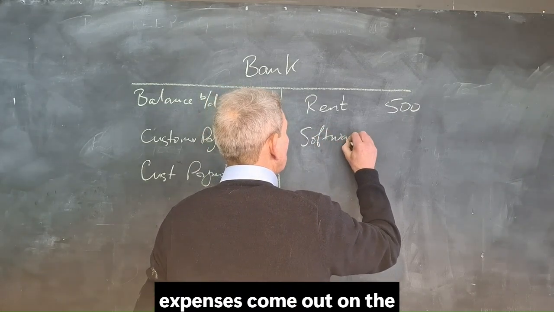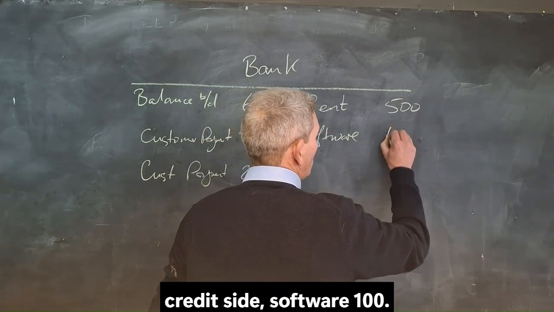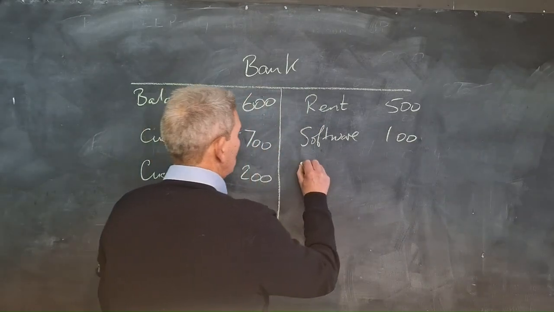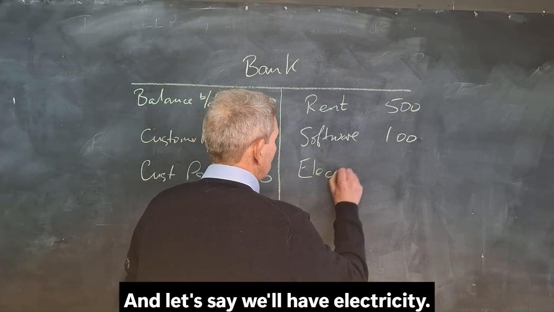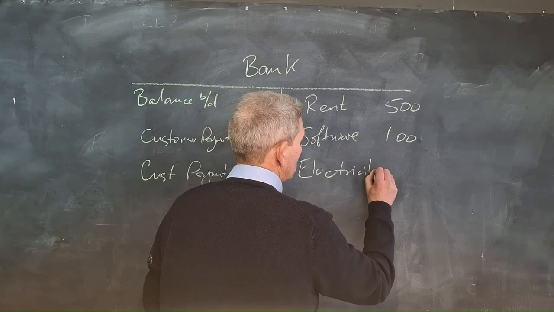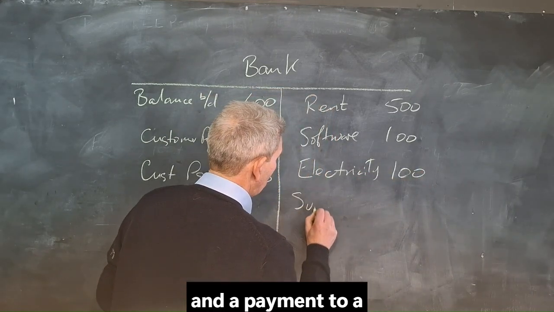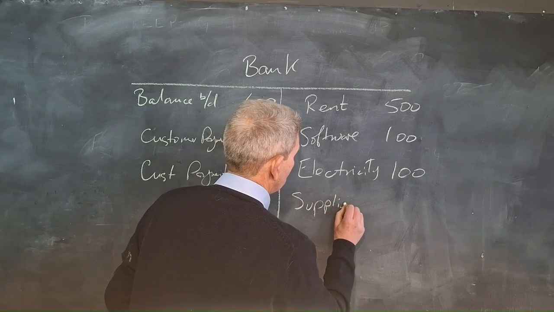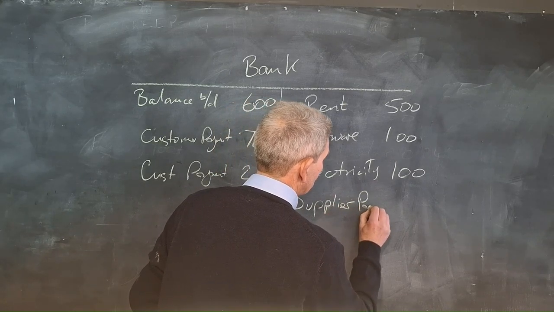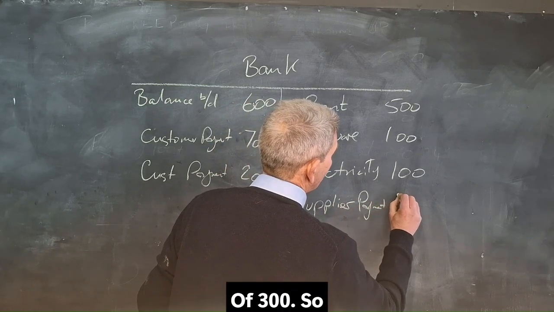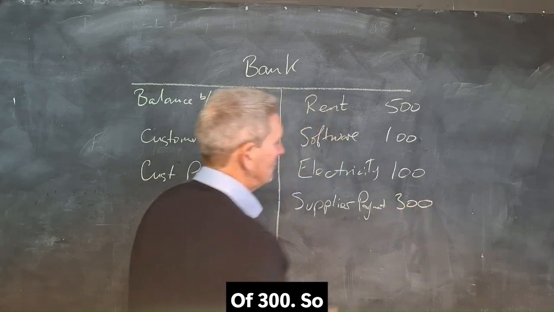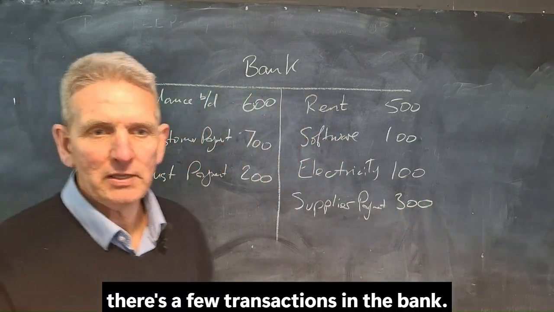So expenses come out on the credit side. Software, 100. And let's say we'll have electricity, 100, and a payment to a supplier, payment of 300. So there's a few transactions in the bank.